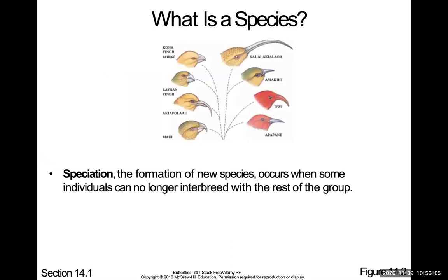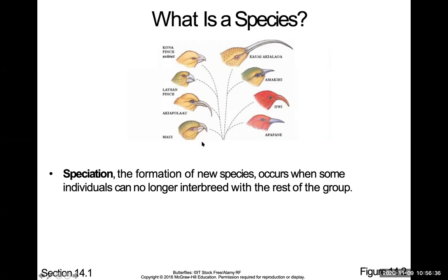So speciation, I said, is the formation of new species. It happens when some individuals can no longer interbreed with the rest of the group. One way this happens is through adaptation. For example, if you look at beak size and the climate is changing, the food availability is changing, and this bird is able to adapt, and different species arise from that.